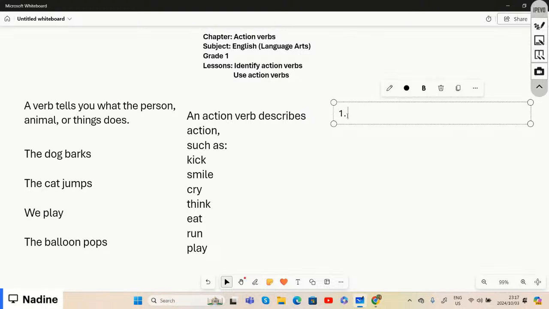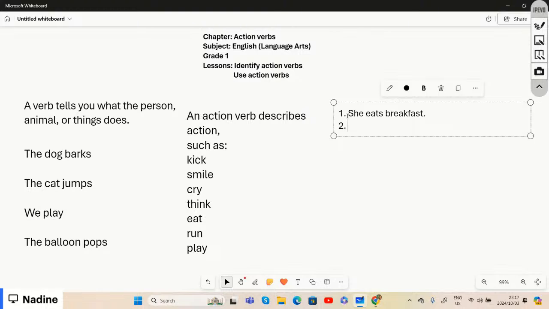All right, so the first one is, we can say she is eating breakfast. Or we can say she eats breakfast. Let's keep it like that. That is the first one.